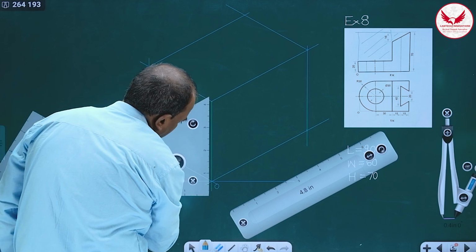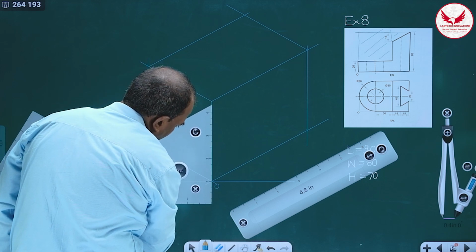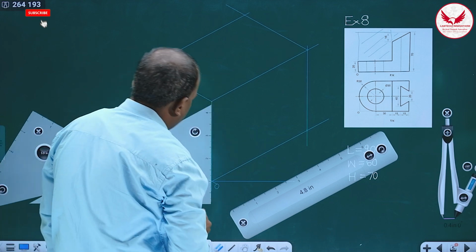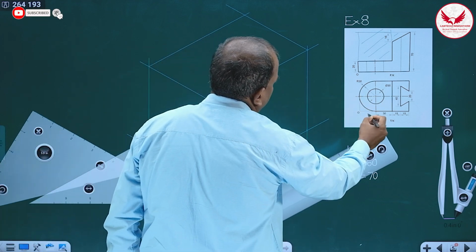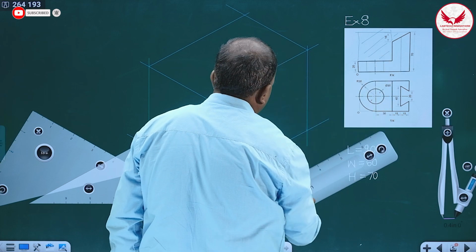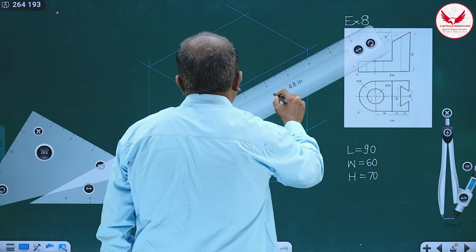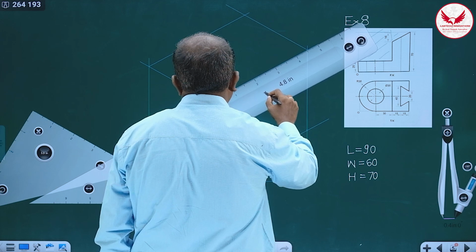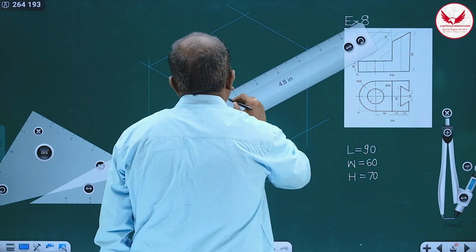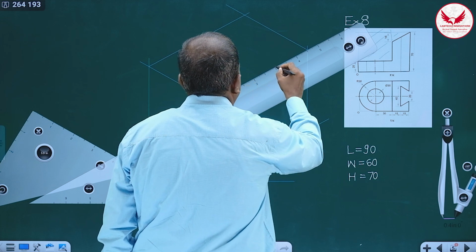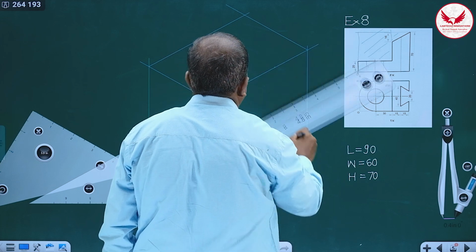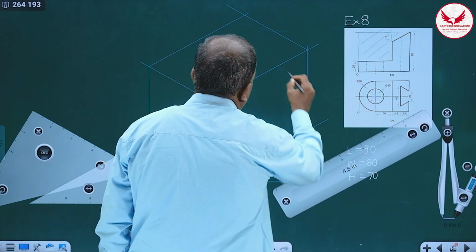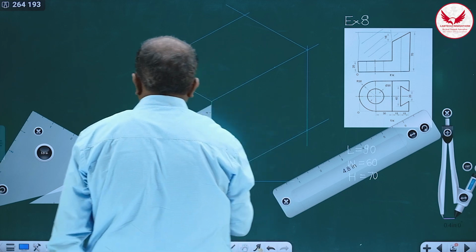How to cut it? From origin, the height is 20, and from this side, if you see it, 30 plus 30, 60. Means initially from this 90, that 60 by 50 rectangle, we are going to cut 20, 30, 60. How can we cut it? The remaining part is going to be 30 only.